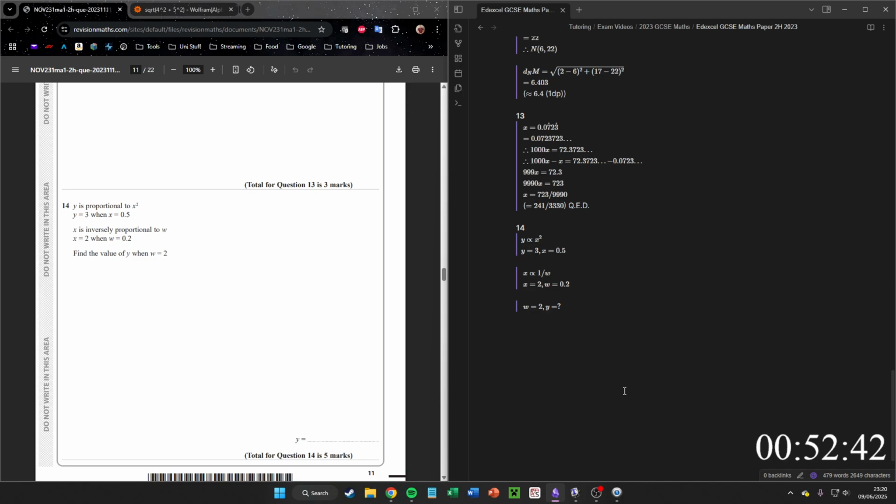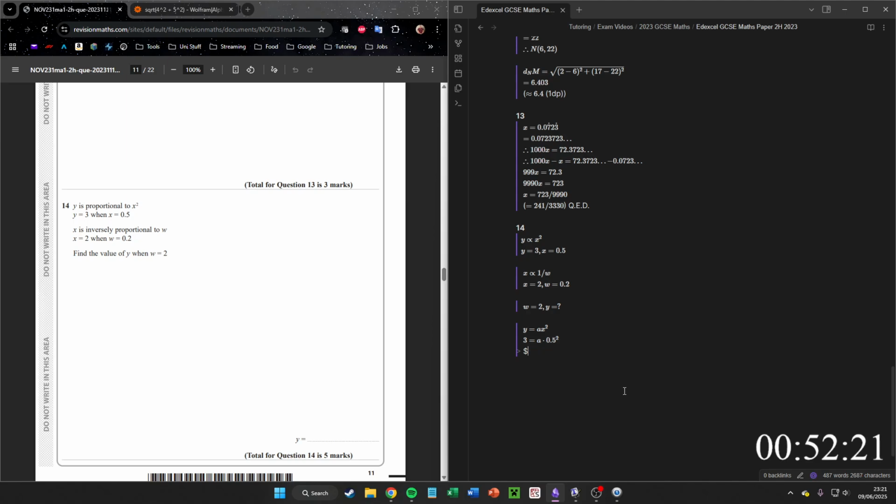So we can start out with this x and y relationship. We can write it a different way: y equals ax squared, some constant here. So we can plug in the values we've got. 3 equals a times 0.5 squared.